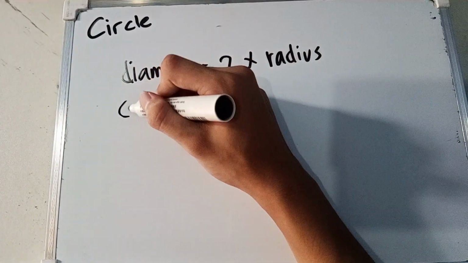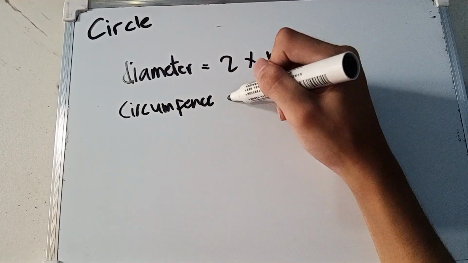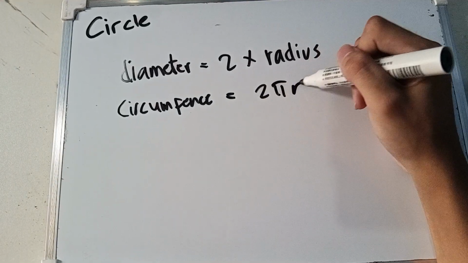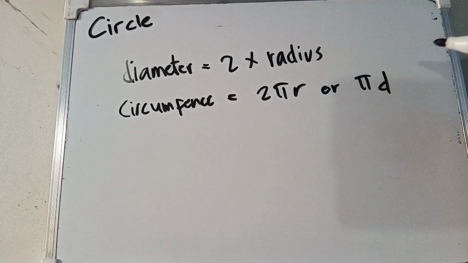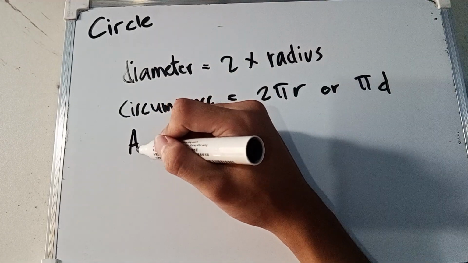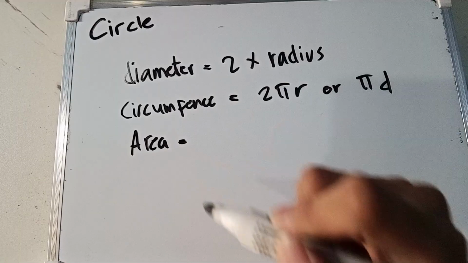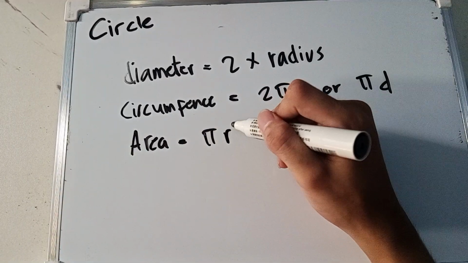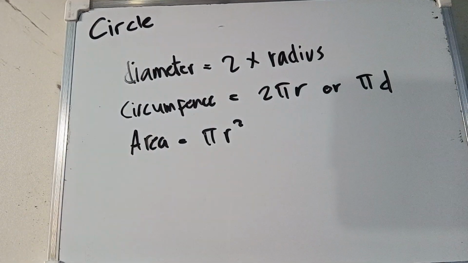For the circumference, or the perimeter of the circle, the formula is 2 pi r, or since 2r is the diameter, it can be pi d, or diameter times pi. For the area of the circle, or the region that is bounded by the circle, the formula is pi r squared. So those are the common formulas related to circle.